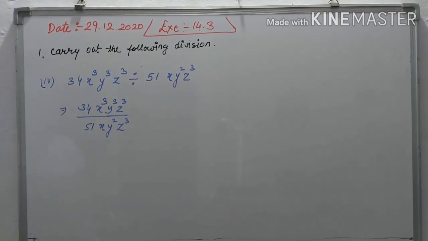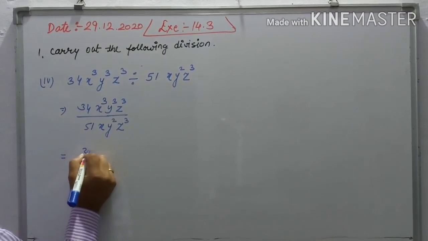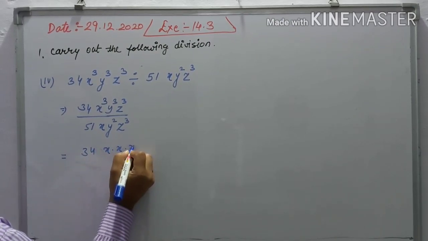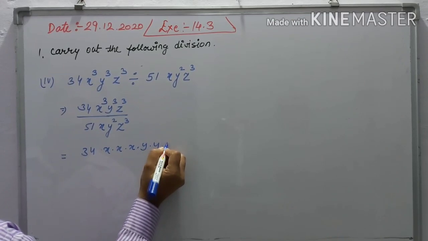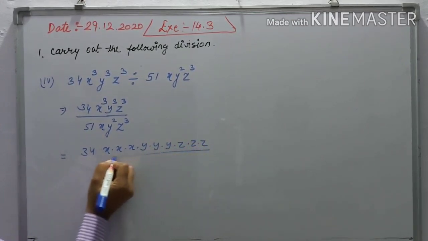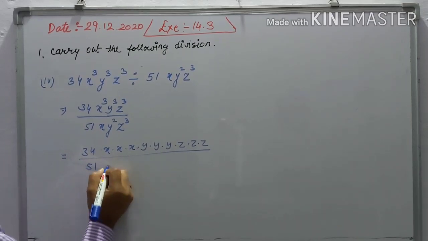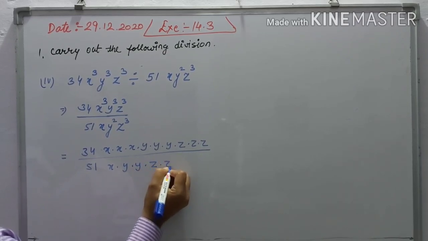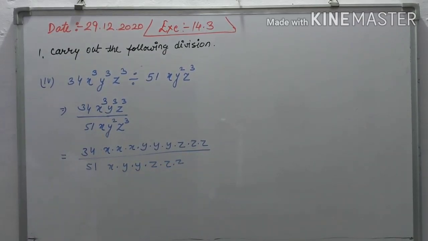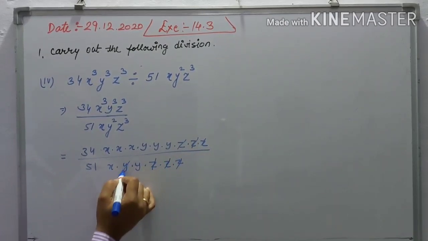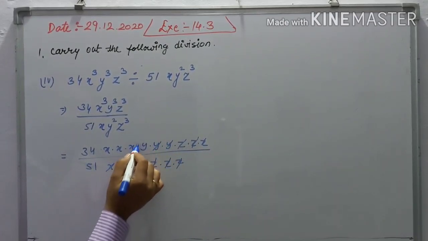Now write the factor form of the given numbers. Then we write 34 as 34, x 3 times, y 3 times and z 3 times, divided by 51, x 1 time, y 2 times and z 3 times. Now z 3 times cancels, y 2 times cancels, and x is 1 time.